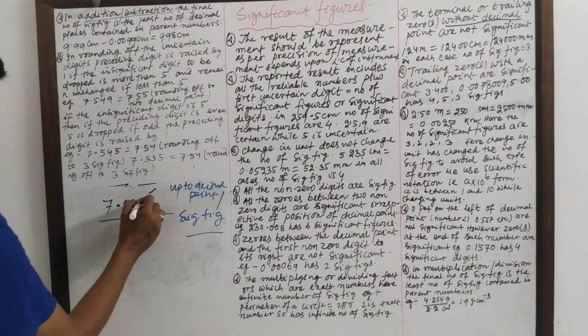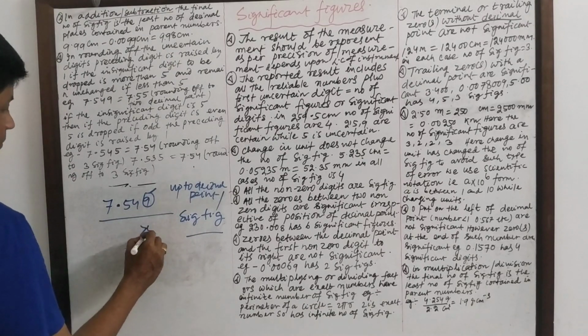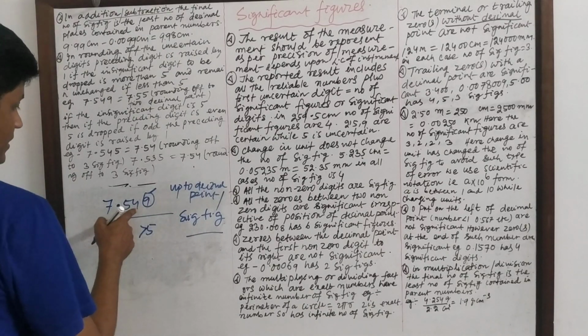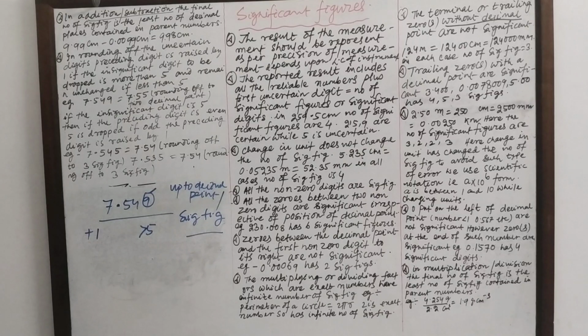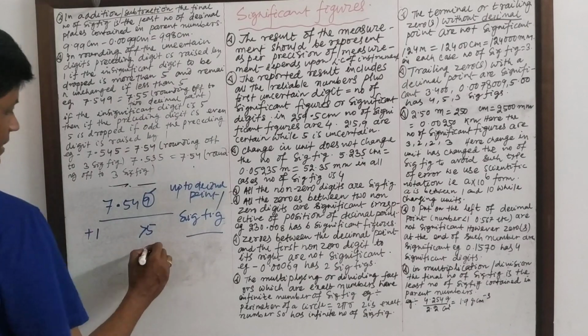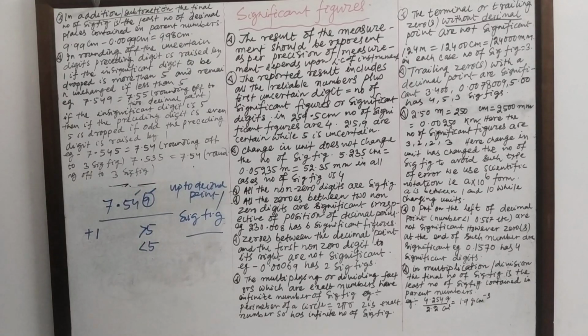If the figure which is to be dropped is greater than 5, then the preceding number will add +1. If it is less than 5, then it will be as usual.